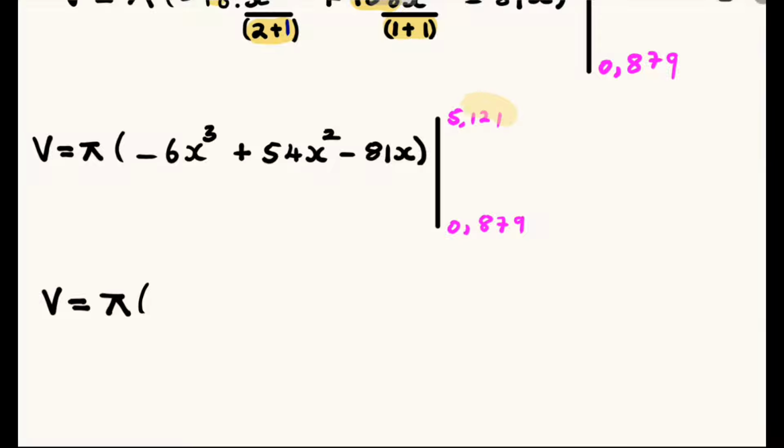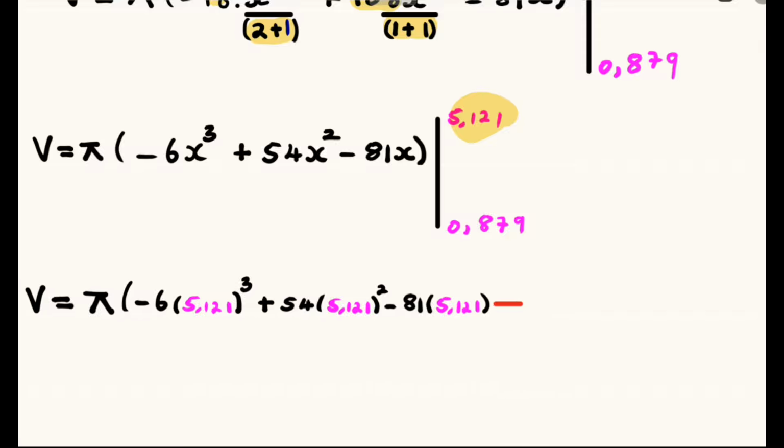So our v will be equal to pi into, minus, so we substitute that 5,121. So we have minus 6 into 5,121 raised to the power 3 plus 54 multiplied by 5,121 raised to the power 2 minus 81 multiplied by 5,121, minus, we substitute the 0,879 where there is x.